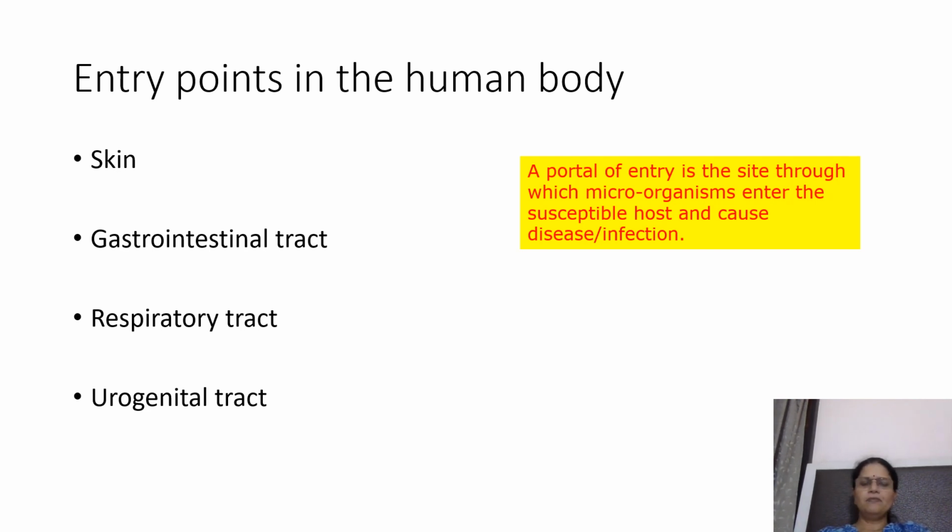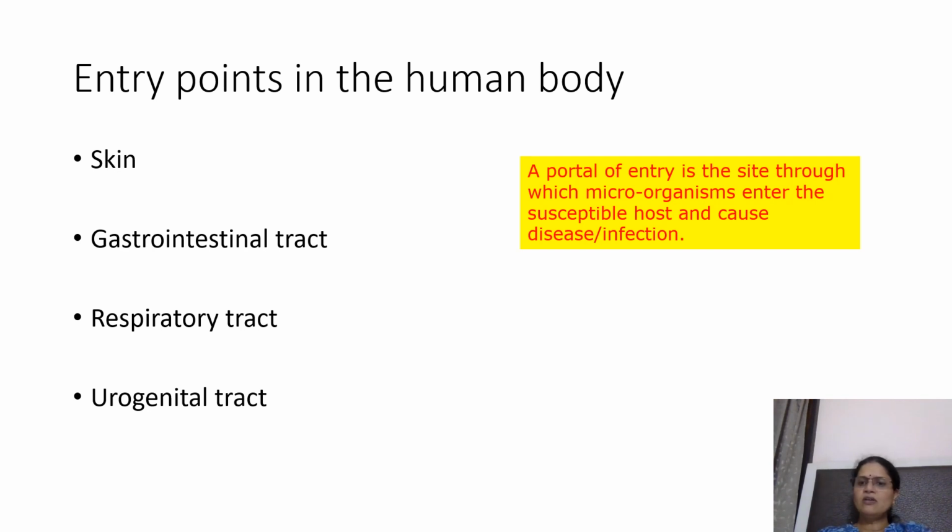Most commonly, a specific pathogen will be adapted to enter a particular portal of entry. And this adaptation is so restrictive that if it enters through any other site, it cannot cause the infection. I'll tell you an example for this. You take influenza virus, which causes flu.